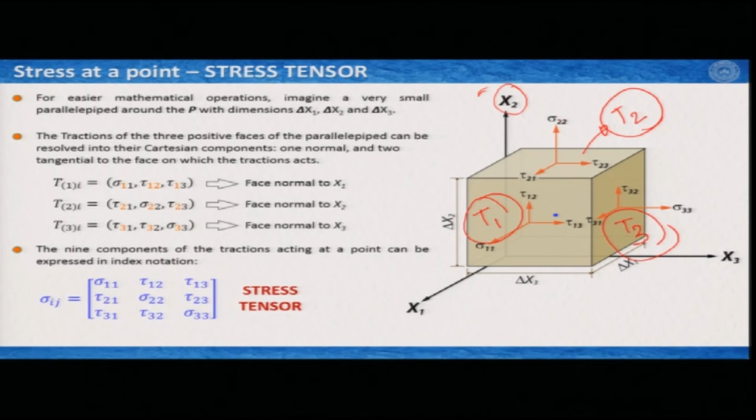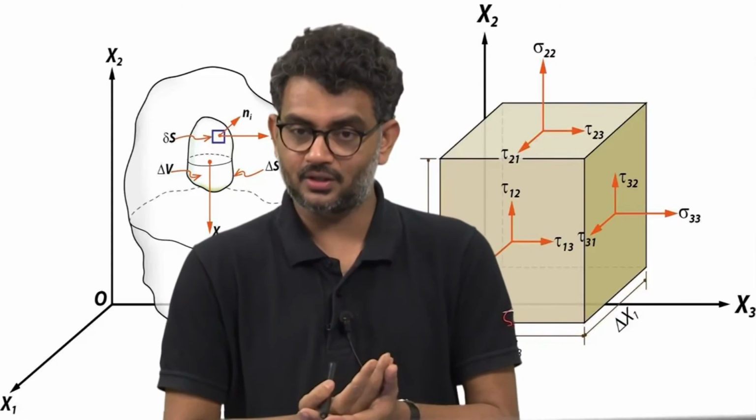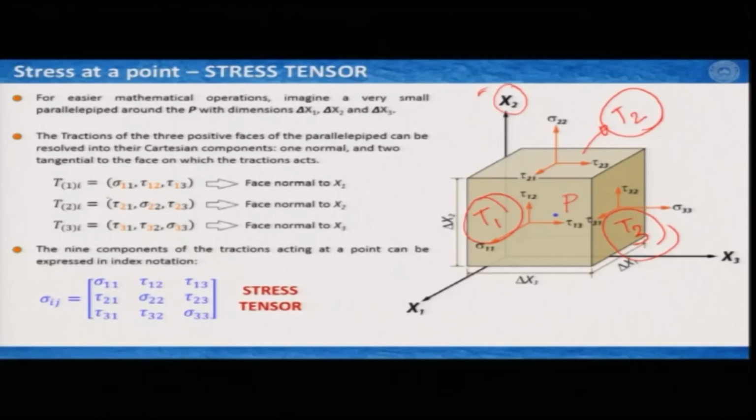But everything we are doing is to define the stress at this point P. To define the state of stress at this point P, we first have to resolve the stresses acting along the three surfaces. For T1 this is sigma 1 1, tau 1 2 and tau 1 3 for the face normal to x1.